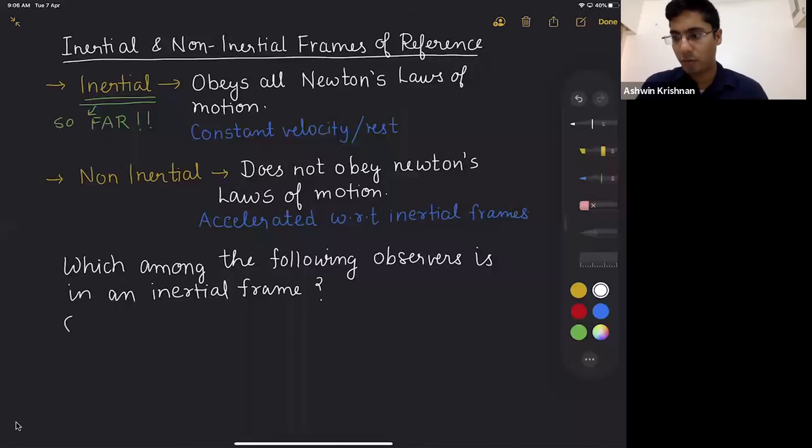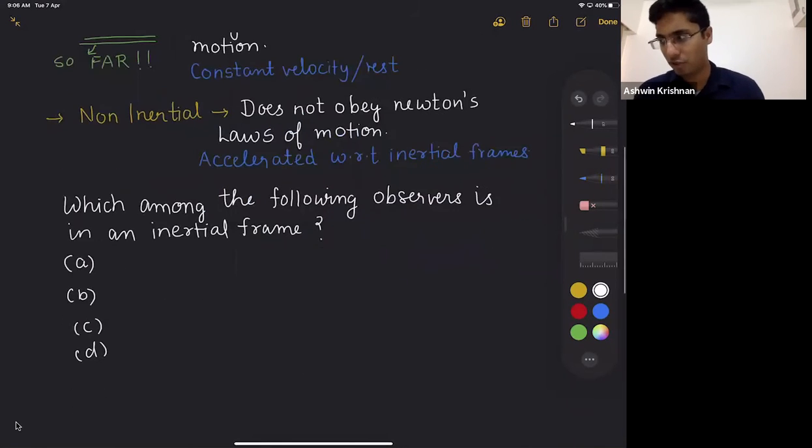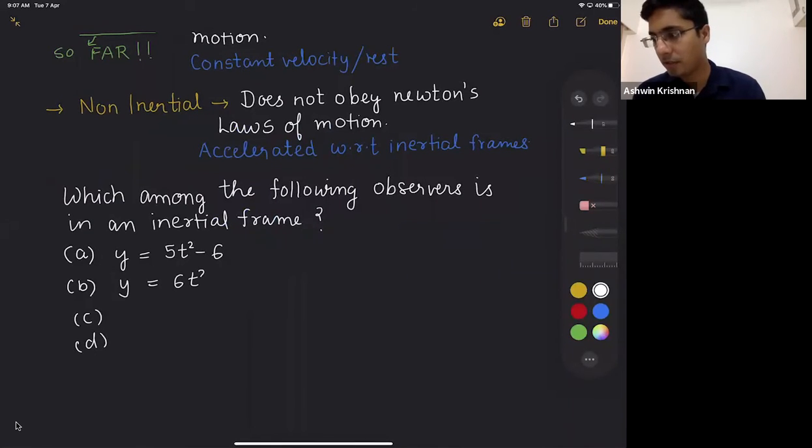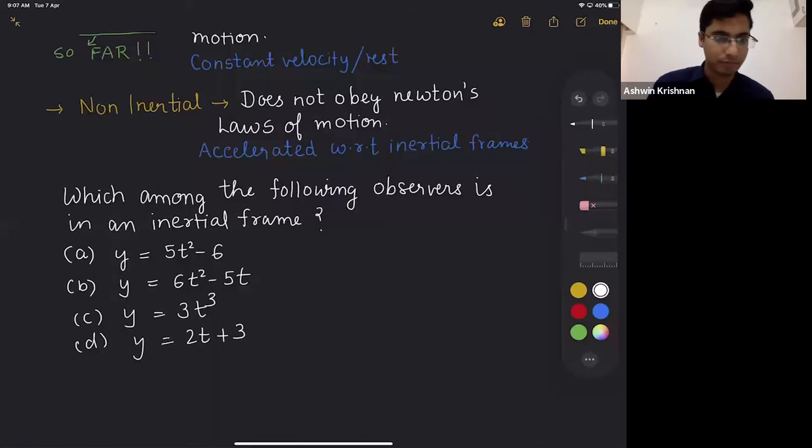I'm going to give you four options: A, B, C, D. I'm going to give you the displacement of four observers. You have to tell me which of them is an inertial frame of reference. Y equals 5t square minus 6. Y equals 6t square minus 5t. Y equals 3t cube, or y equals 2t plus 3.